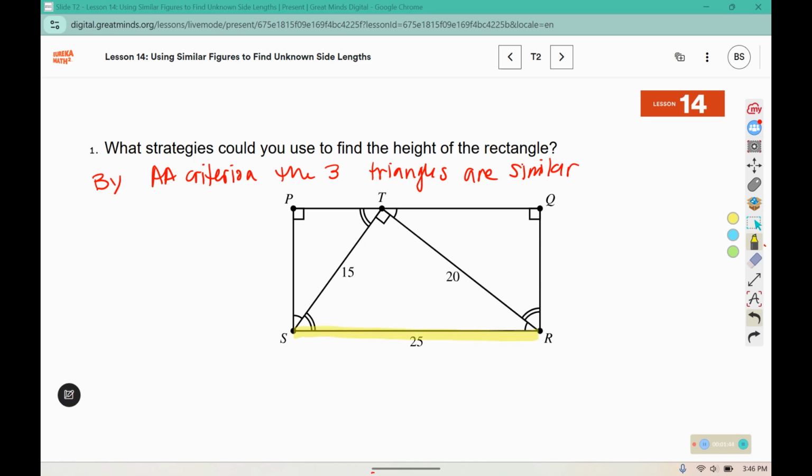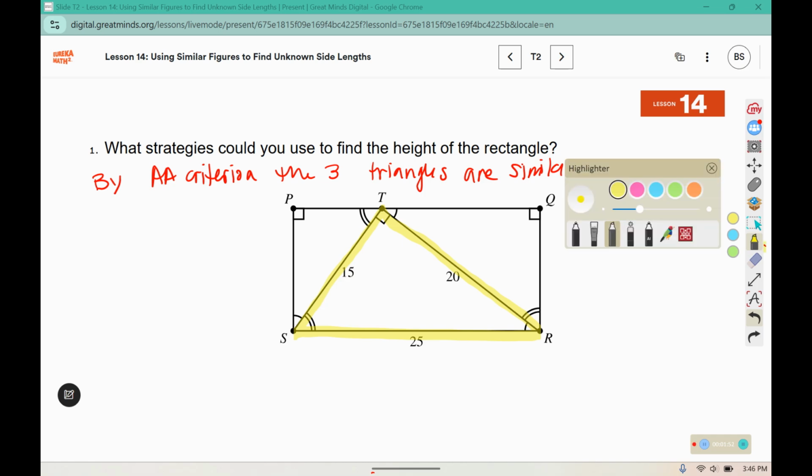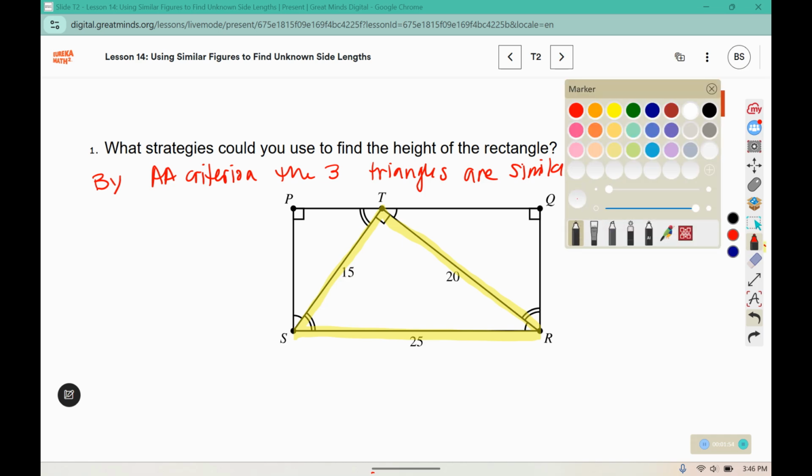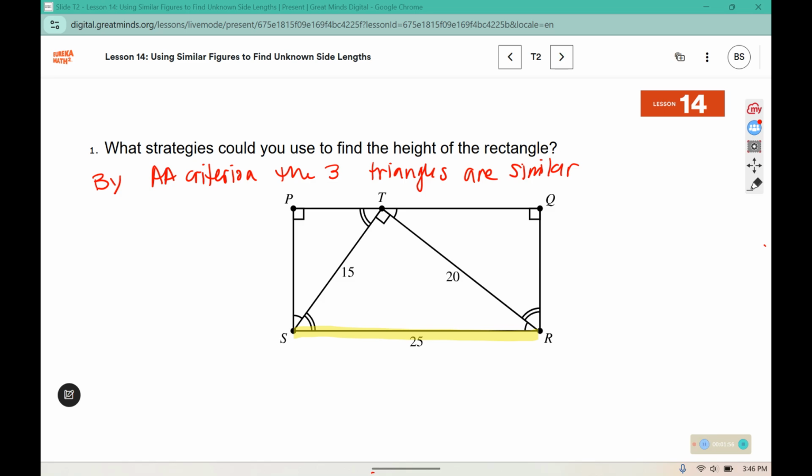So this side length from the big triangle matches up with, this is directly across from the right angle. So directly across from the right angle here, we have this side length.